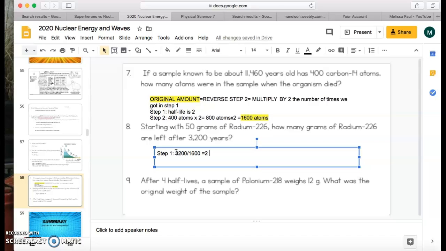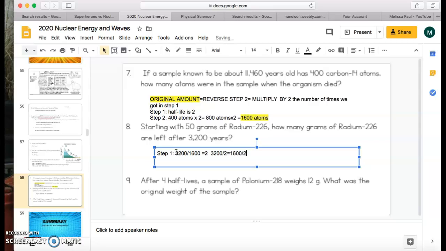Now for those of you who have no idea how this works or where I got that number or why, think about it this way. We've got to get back to ground zero. We have to know how many half-lives have passed. So what we can do is we can say 3,200 divided by 2, that's 1 half-life, gives us 1,600. 1,600 means 1 half-life has passed, so we got to get to 0, right?